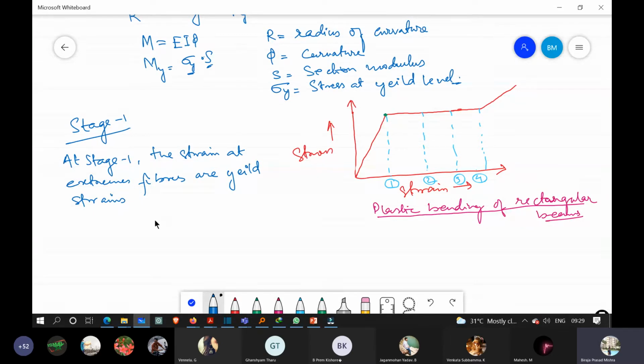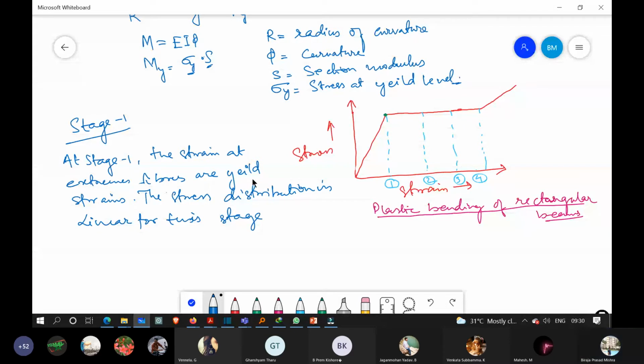Before that I will write one more line: the stress distribution is linear for this stage.